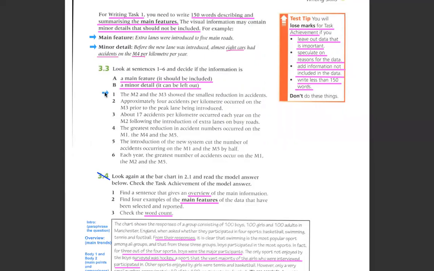So number 1, is this A, a major feature, or B, a minor detail? So is this an important piece of information?